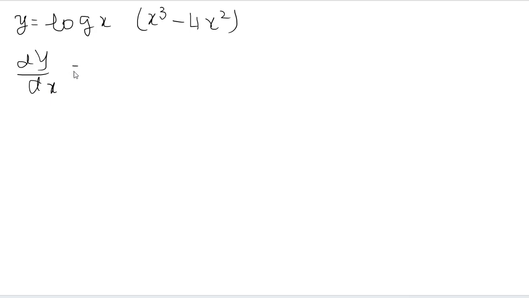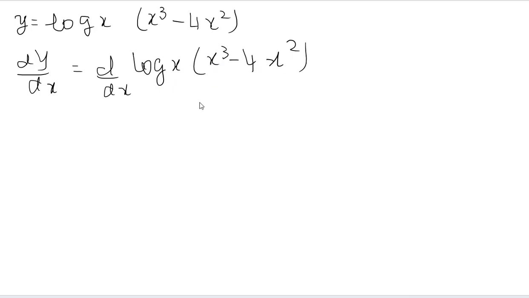We now solve another problem based on the multiplication law. The problem is y is equal to log x into x cube minus 4x square. To find the derivative, since two things are multiplied, as expected, here also the log x is getting multiplied to a bigger bracket.